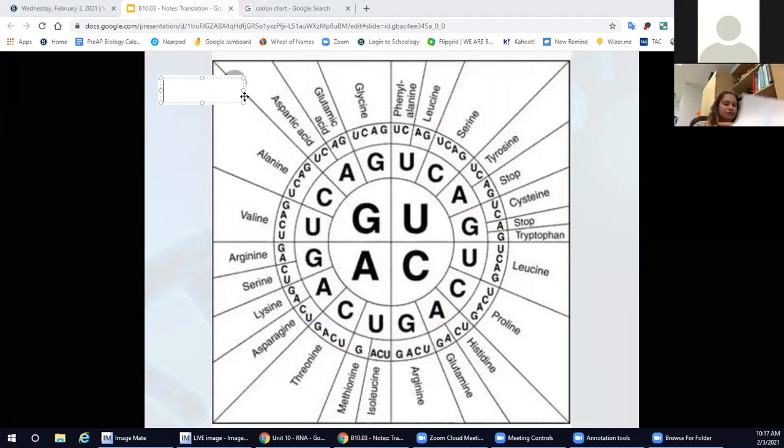All right, so I'm going to give you another example for you to find. Let's go with the letters C, U, G. Good job. So yes, C-U-G.